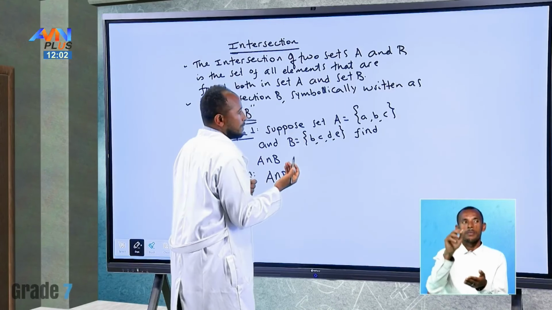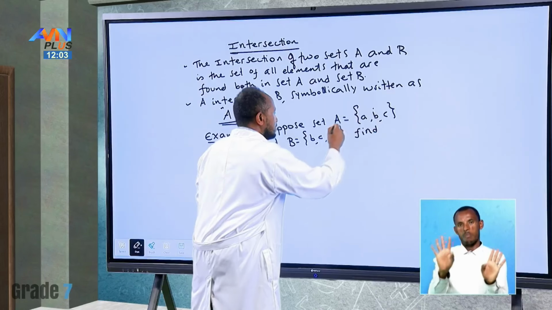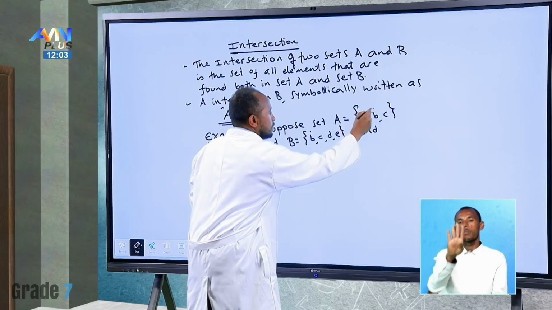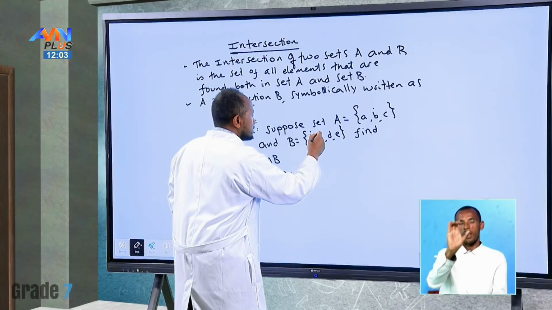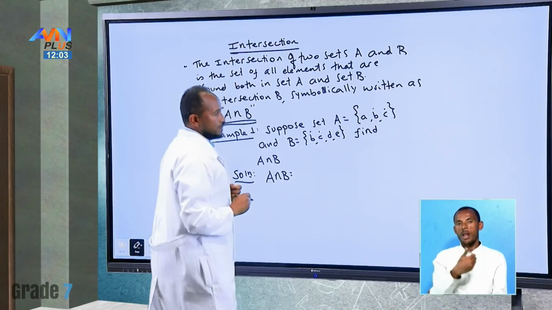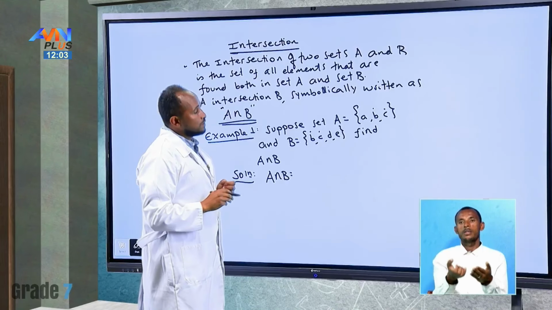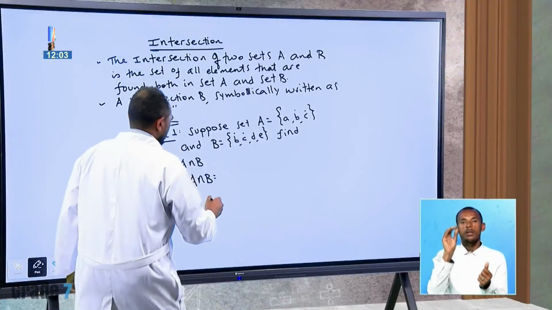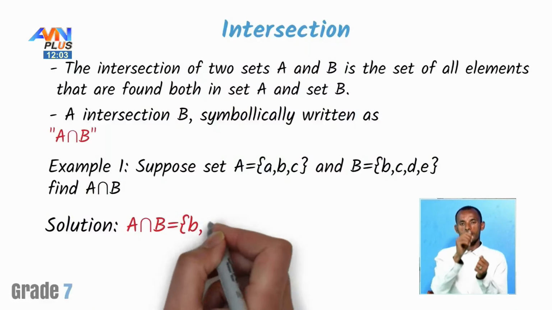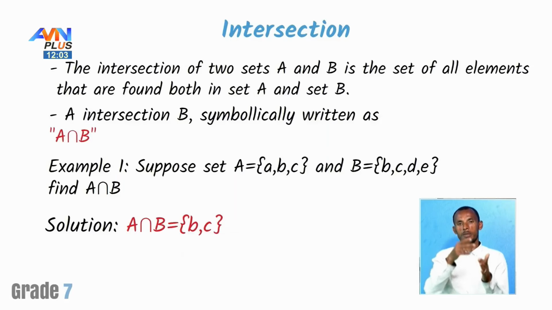No, it's not common. B, yes. So B is a common element. C, there is C there, it's a common element. Therefore, their intersection is only B and C. Therefore, A intersection B contains the elements B and C.